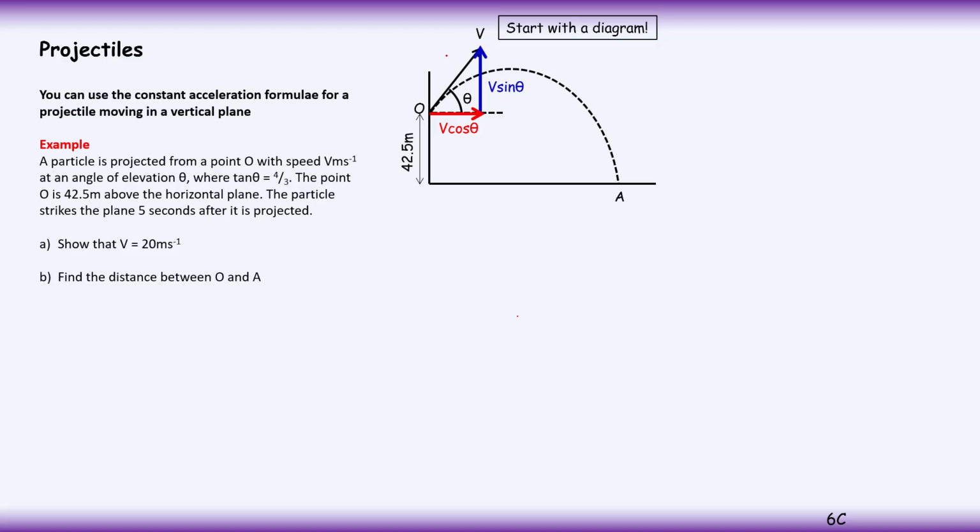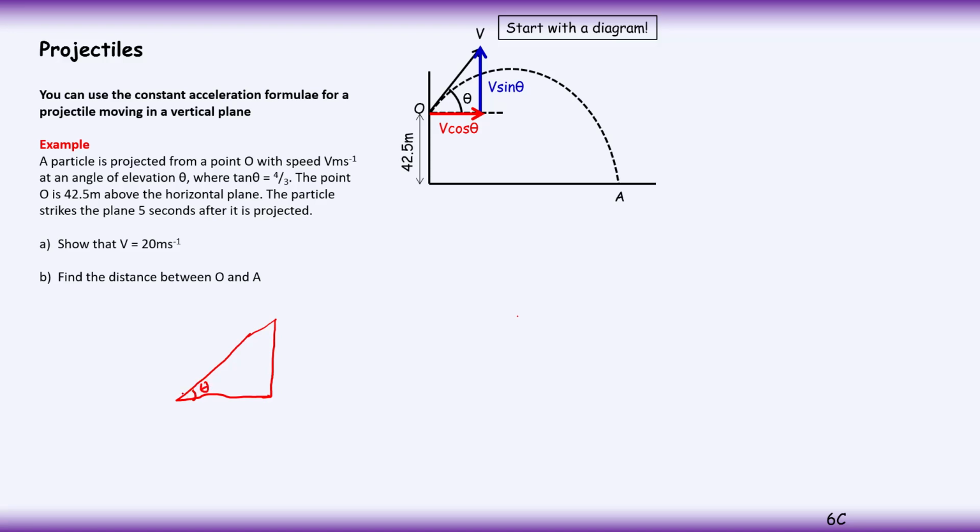We can now determine what v is. We have been given some clues on theta though, so this is quite challenging to sketch a right angle triangle, because tan theta is 4/3. If we sketch a right angle triangle, it's not the best right angle triangle you'll have.